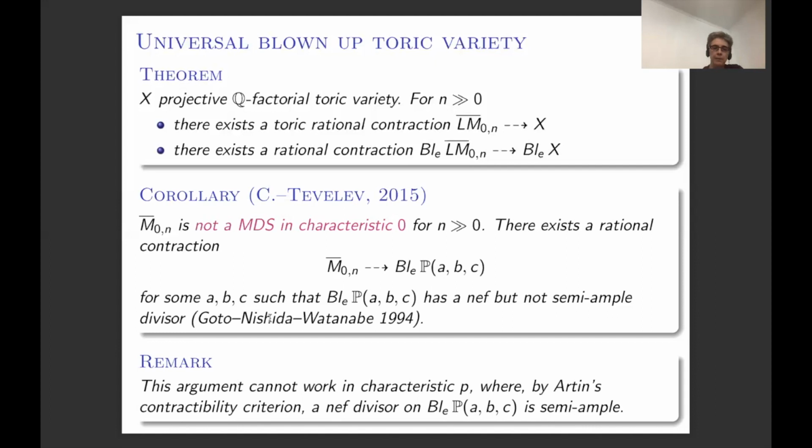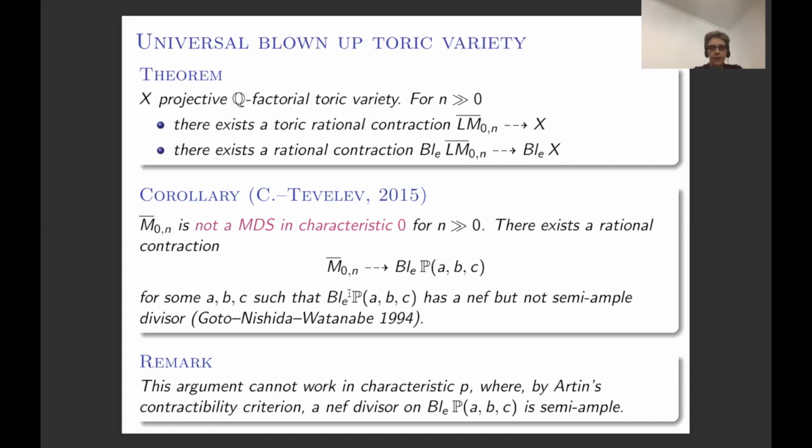This is an example of Goto, Nishida, and Watanabe that shows that there is a choice of weights a, b, and c such that in characteristic 0, this blow-up surface has a nef but not semi-ample divisor. So in particular, it's not a Mori dream surface.